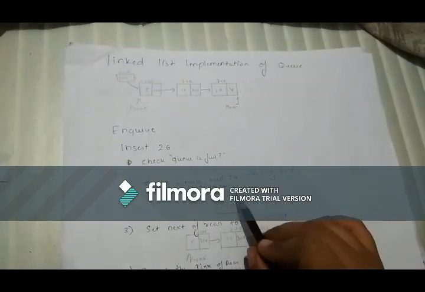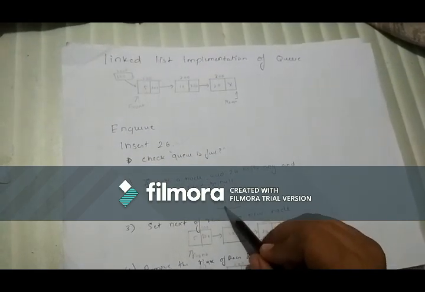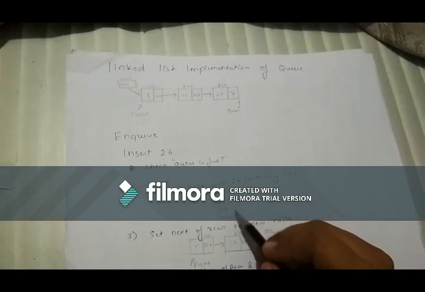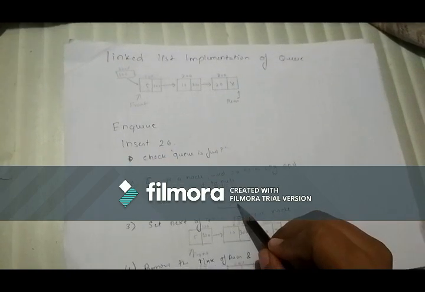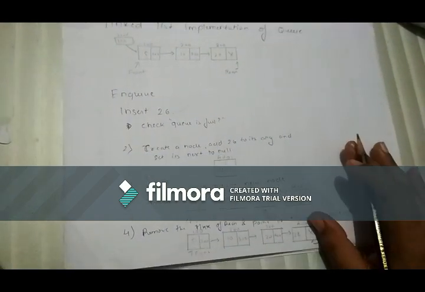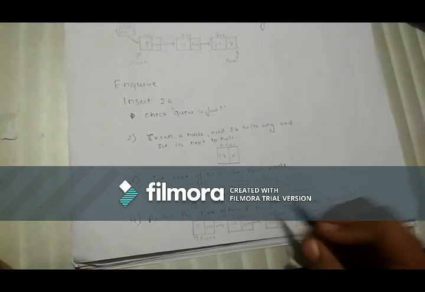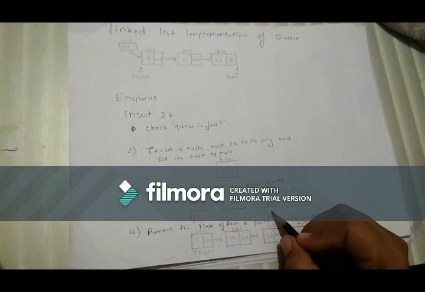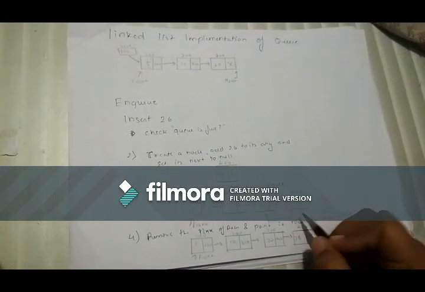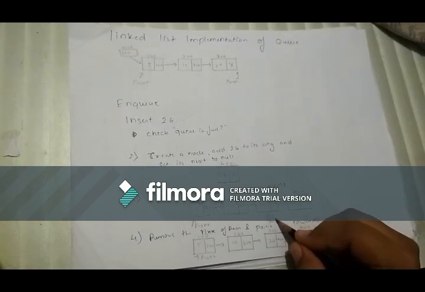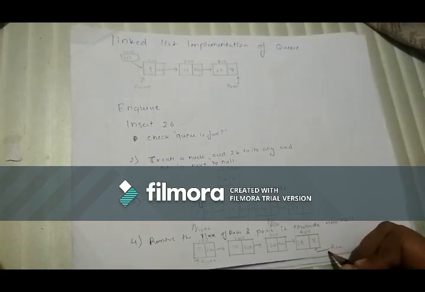Then we will create a node, add 26 as its value, and set its next value to null. In the next step, we will set the rear's next to the new node. In the last step, we will remove this link and set rear to the new node that we have created.